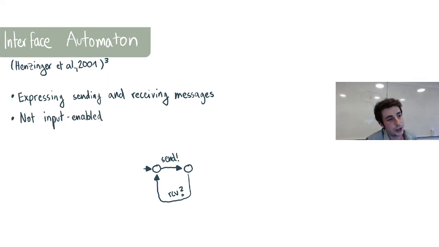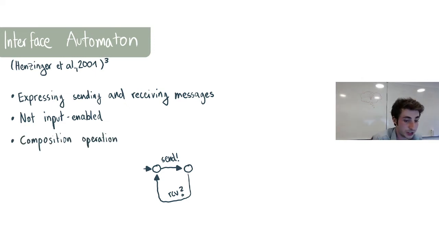Also, a big advantage is that these automata are not input-enabled, meaning that we do not need to have a transition for each element from the input alphabet in the automaton. Furthermore, there is a composition operation. If you have two interface automata, then you can compose them to get a composed automaton.